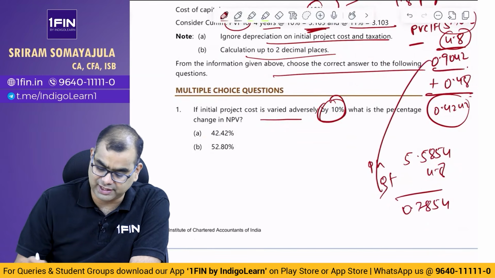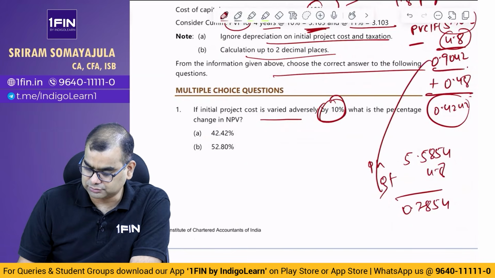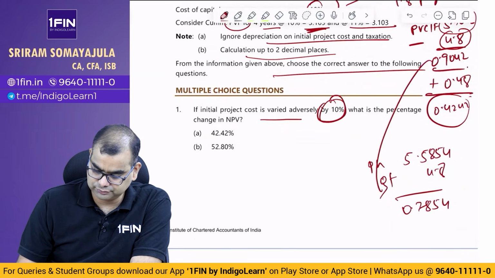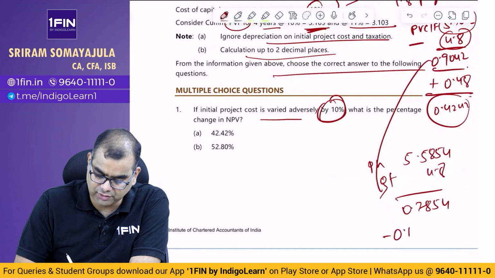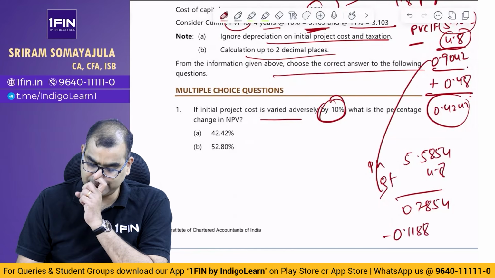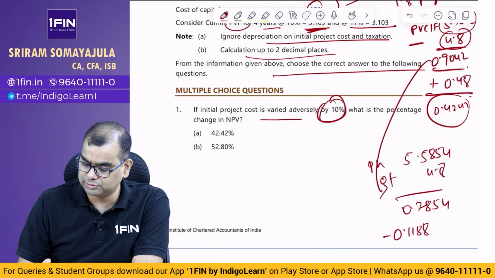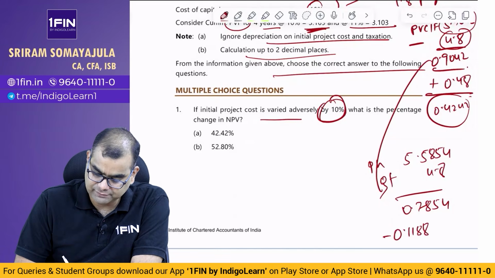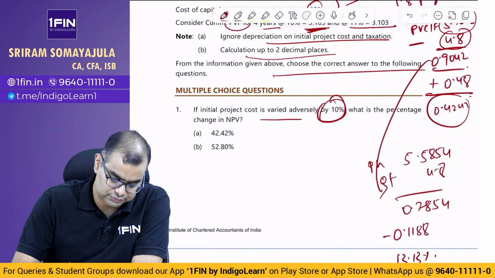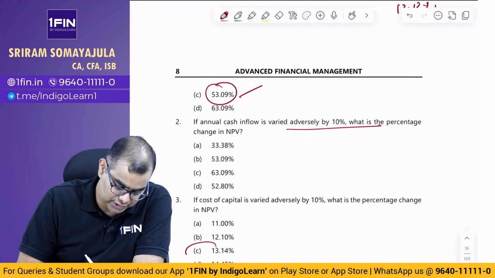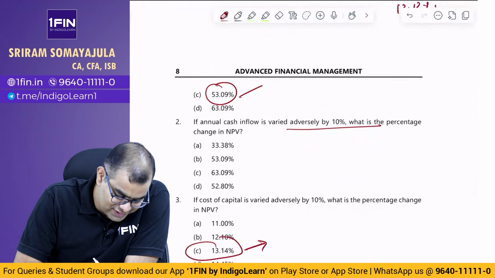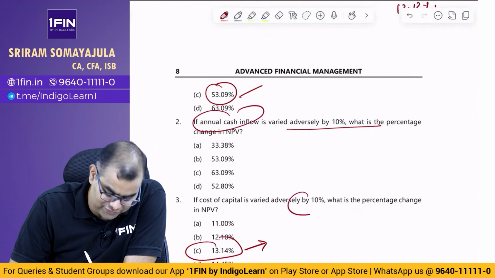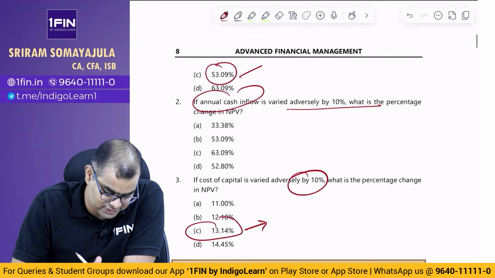The difference from 0.9042 is minus 0.1188, divided by 0.9042, you get 13.13%. Acha, I did this one, 13.138. Oh, I did this for cost of capital. Instead of annual cash flow, I did cost of capital by 10%. I don't know why I misinterpreted this.